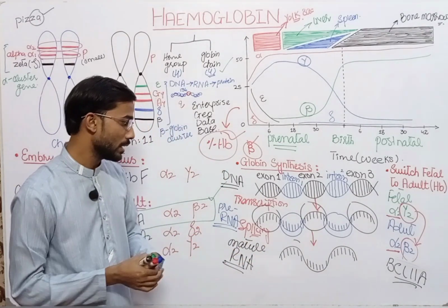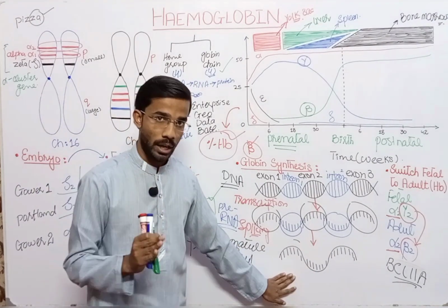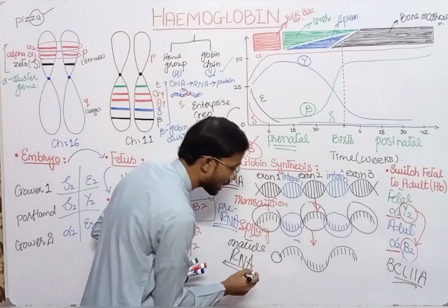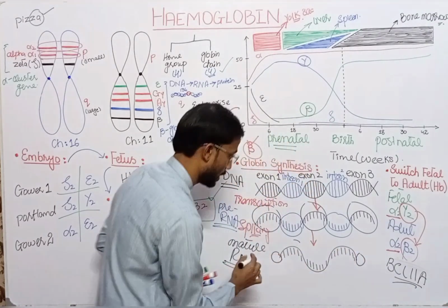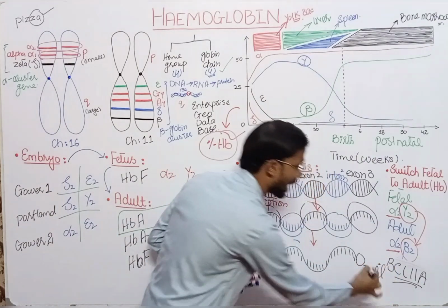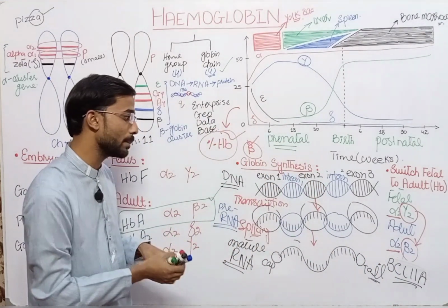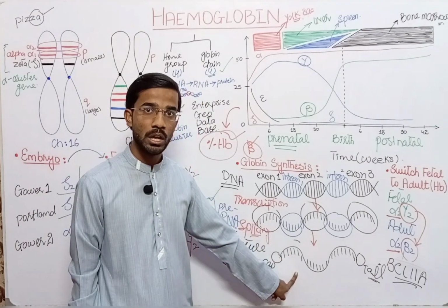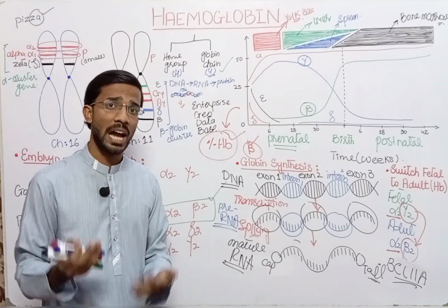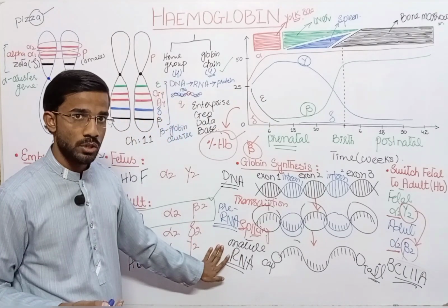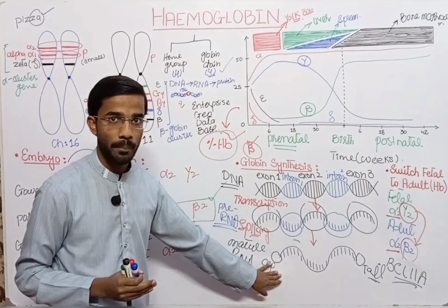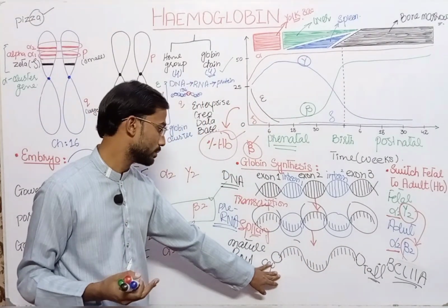So after that, you will see the mature RNA. At the starting and ending points, we insert a cap and a tail, which help in the protection of the RNA from other enzymes, because enzymes can break the RNA. So for its protection, the cap and tail are added to the messenger RNA.